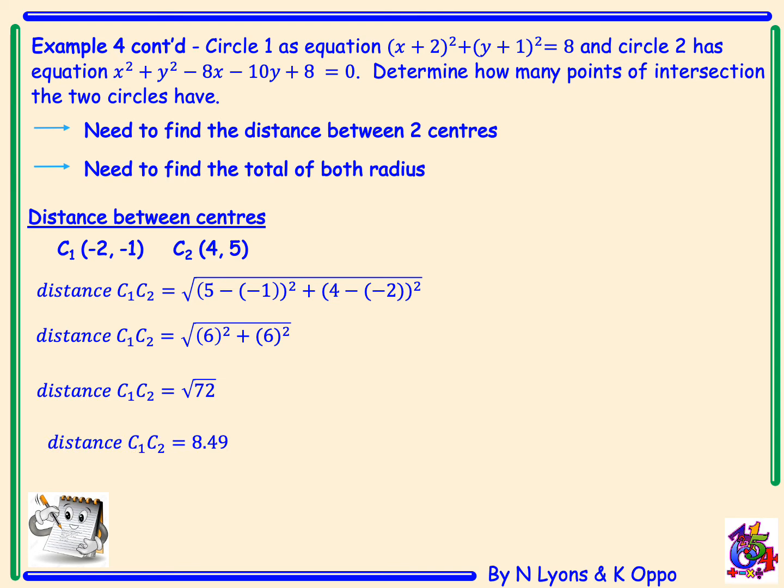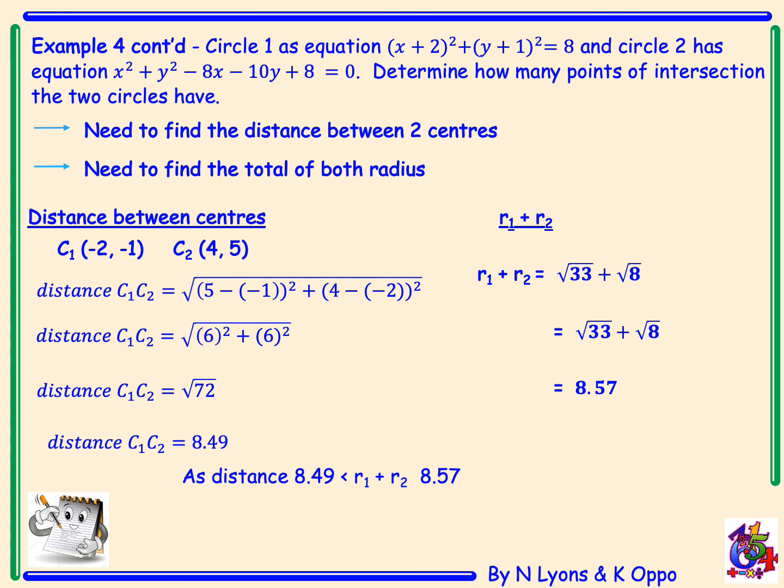This can be simplified down to 8.49. Probably best to change this to a decimal in order to compare when we add our radii together. So now looking at our radii, r1 plus r2 will be root 33 plus root 8. Adding these together, we're going to have an answer of 8.57.